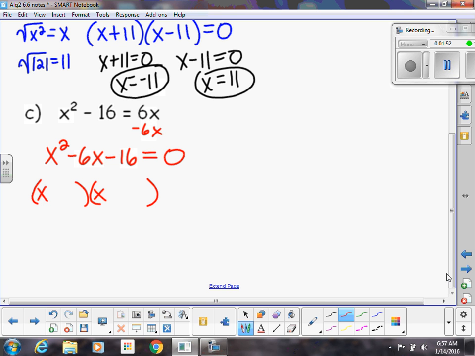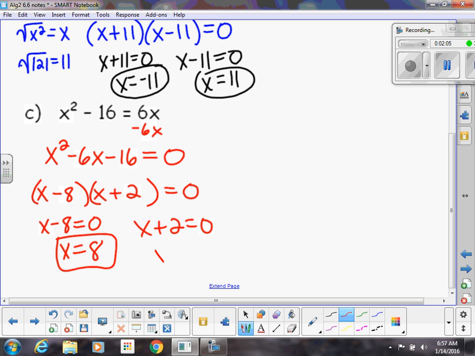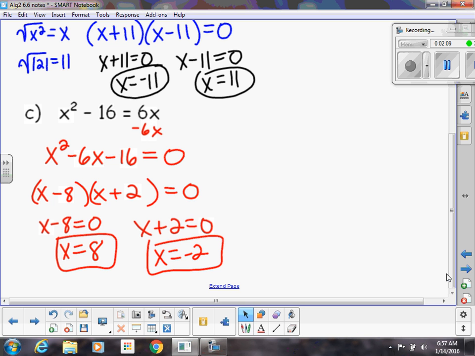That would be negative 8 and positive 2. Then we set each factor equal to 0 and solve. So our two answers are x equals 8 and x equals negative 2. All right, so that's review from last semester.